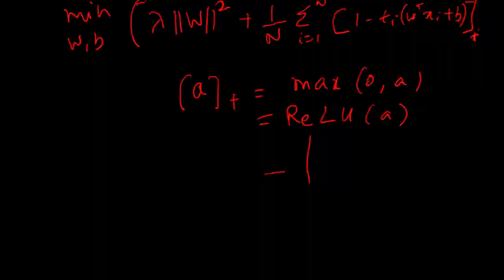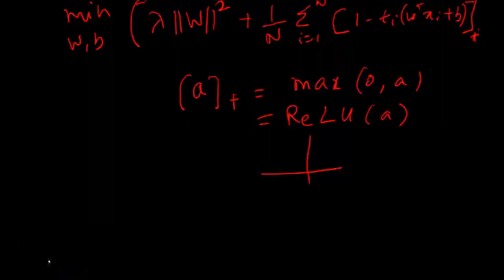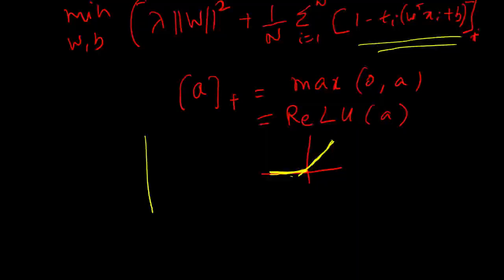Its graph, as you can imagine, is like this: it is 0 if it is negative, and it is identity when it is positive. So we have incorporated it here in such a way that we are trying to model the following function, what we showed earlier.